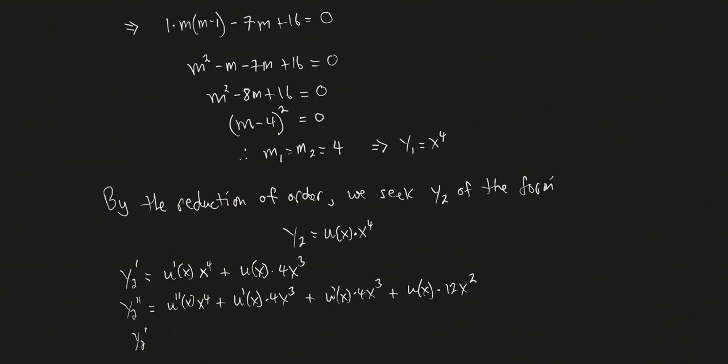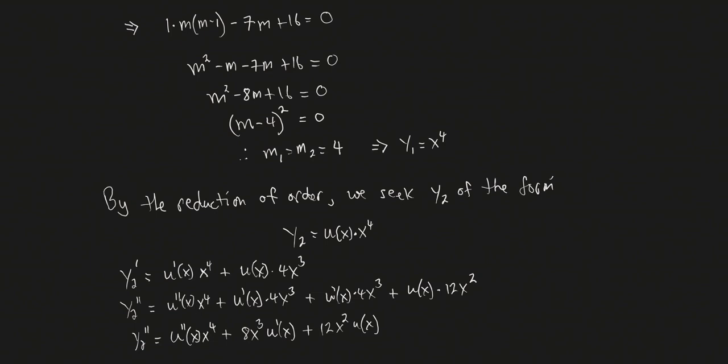So our second derivative can be simplified just slightly to look like this: 4x cubed plus 4x cubed times u prime. So you'll have 8x cubed u prime of x plus 12x squared u of x. I have my parentheses too early. There we go, u of x.